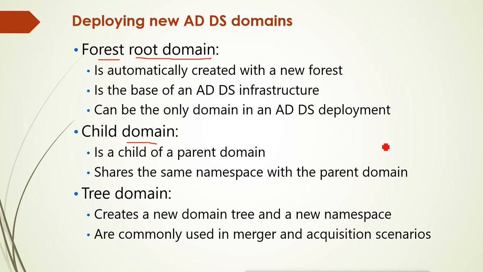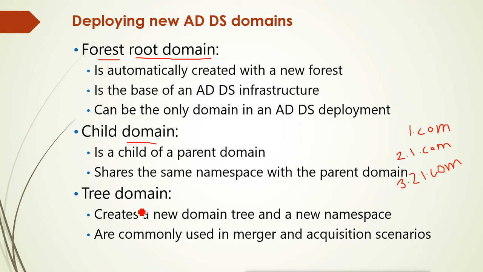If one.com is the parent domain and we create a child called 2, the domain name will be 2.one.com. If I create one more child, 3, it will carry the parent name: 3.2.one.com. So child domains carry the name of their parent domains.